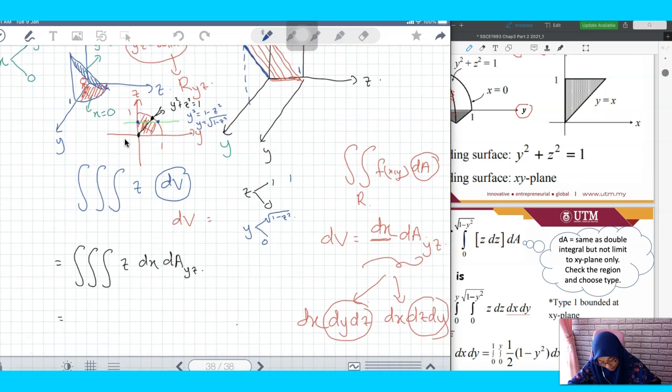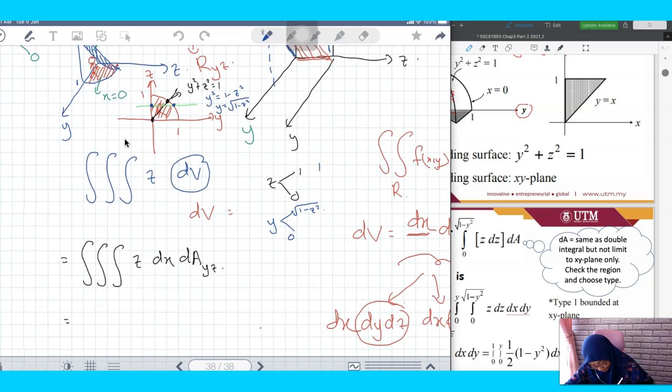Okay, so now we already obtained the limits: we have z constant, so dy dz, z is from 0 to 1, and y is from 0 to the positive square root of 1 minus z squared. How about the limit of x?